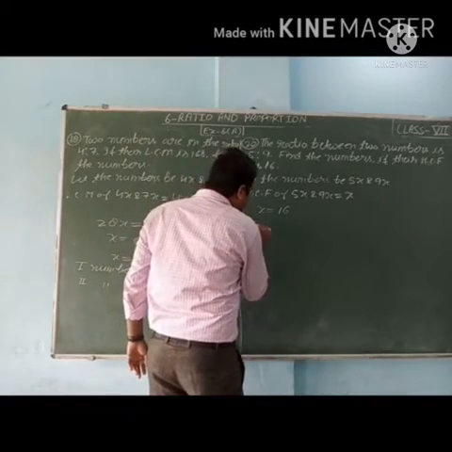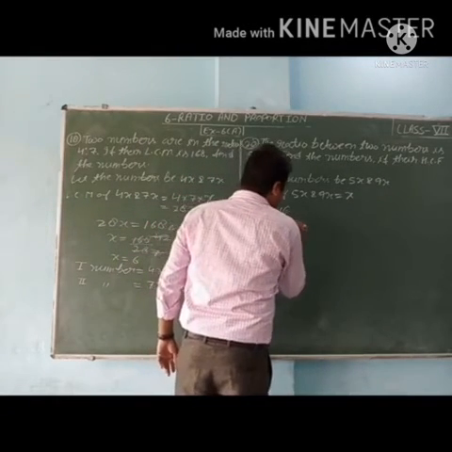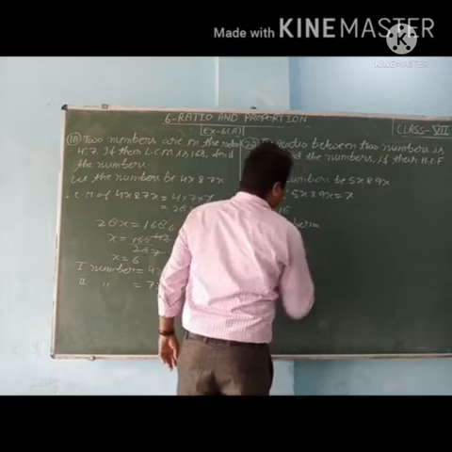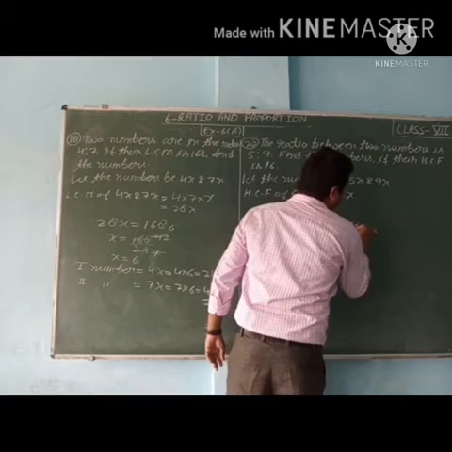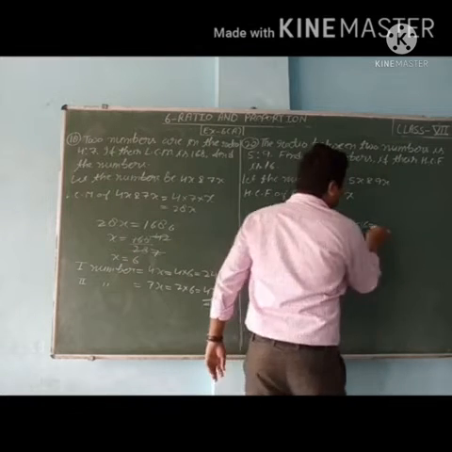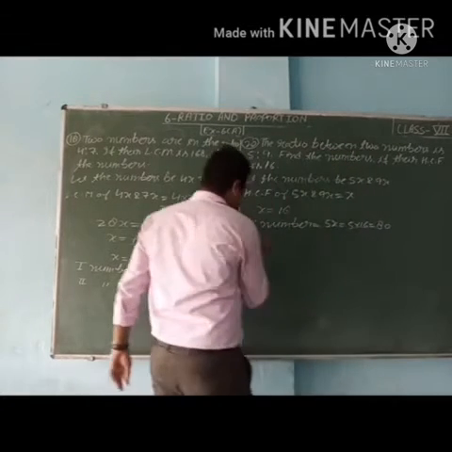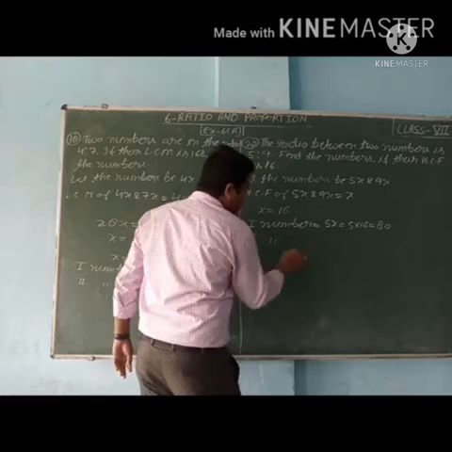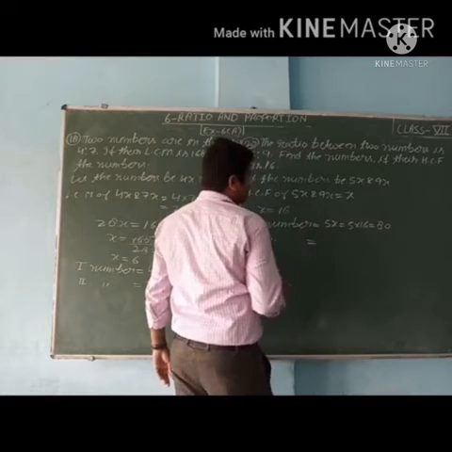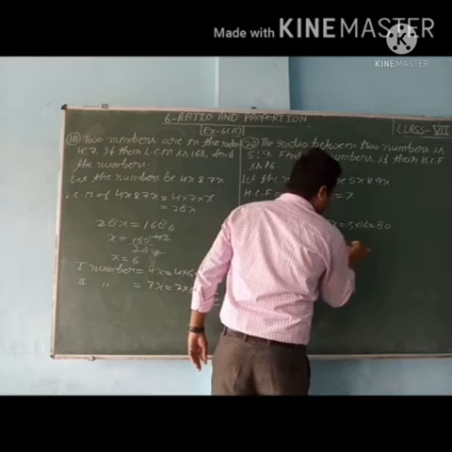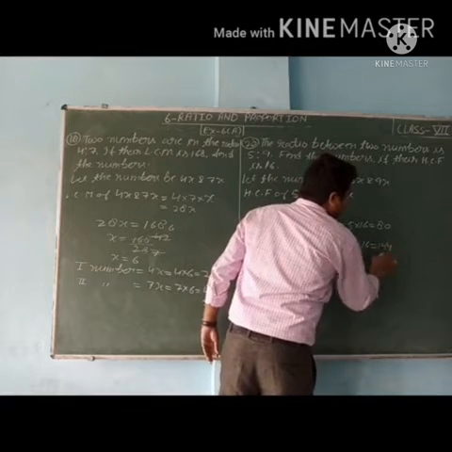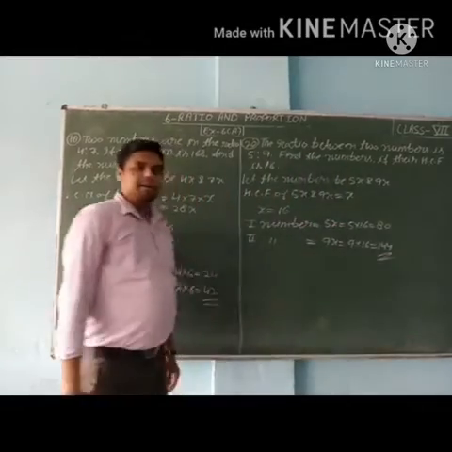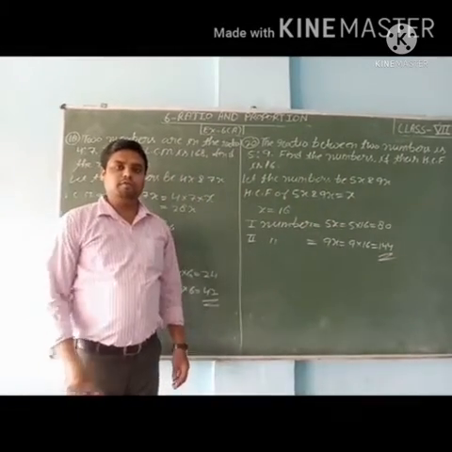So first number is equal to 5x. So 5 multiply 16 is equal to 80. Then second number is equal to 9x. It means 9 multiply 16 is equal to 144. So the numbers are 80 and 144.